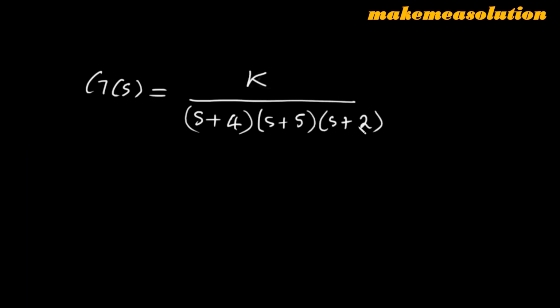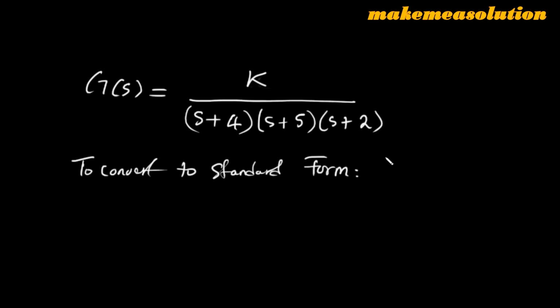When you're given a transfer function in this form, before you perform any frequency domain analysis on it, it is important to convert it to standard form, or sometimes they call it standard time constant form.